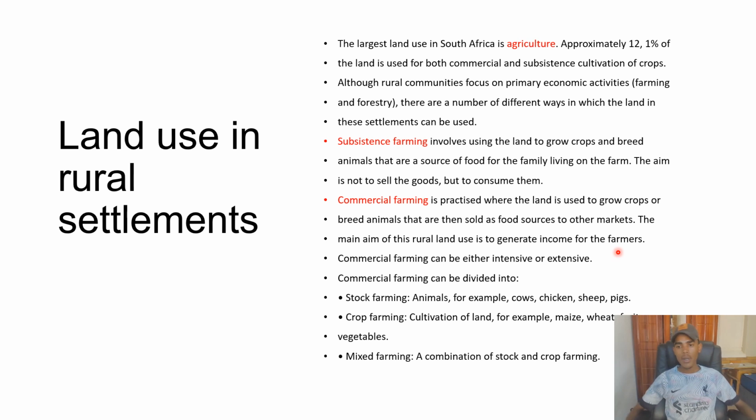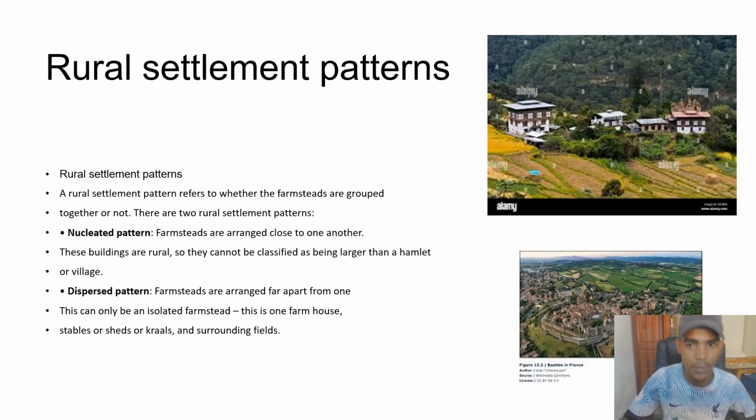The simple way to differentiate it is you're just gonna say subsistence farming is small scale farming, commercial farming is large scale farming. Okay, so this is all about subsistence and commercial farming. We're gonna move to the next slide.